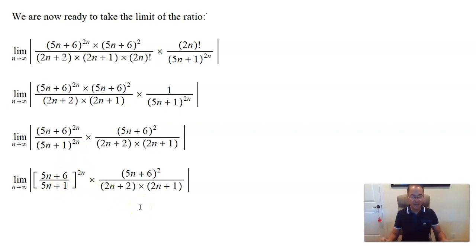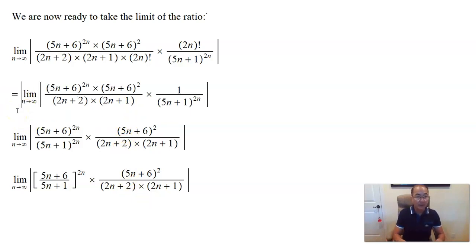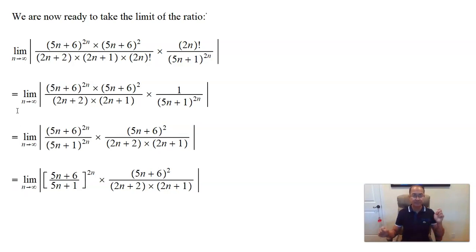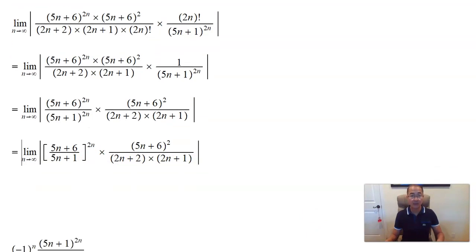All right. So now, by the way, these are, of course, all equal to each other. What we're going to do is show that both of these factors have a limit at infinity, and so we are allowed to multiply them together.